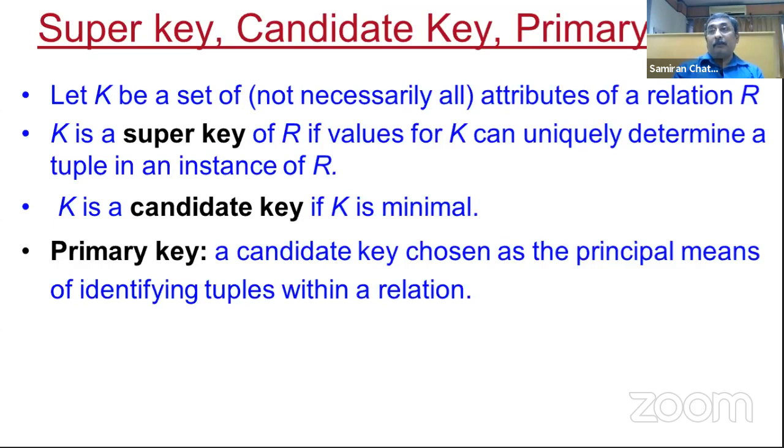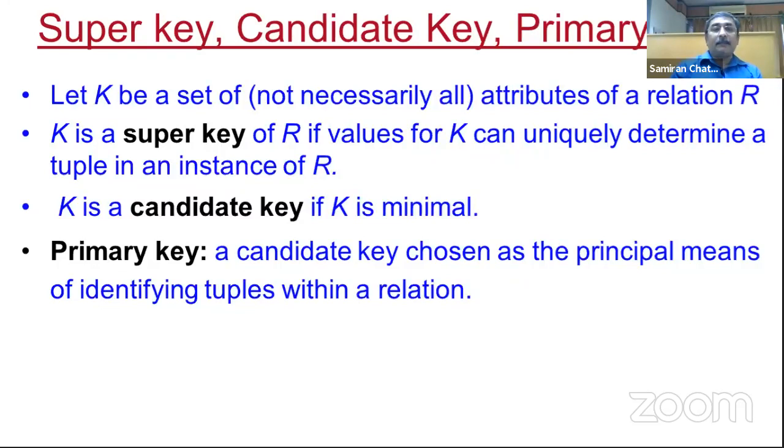We'll have an example that will clarify things. Now, when I call it a super key, something is super here. Maybe K has 5 attributes. Is it possible that they can uniquely determine any tuple in the instance R, but the number of attributes in that K may be less than 5, maybe 3?